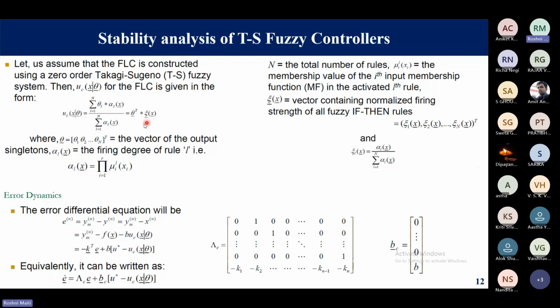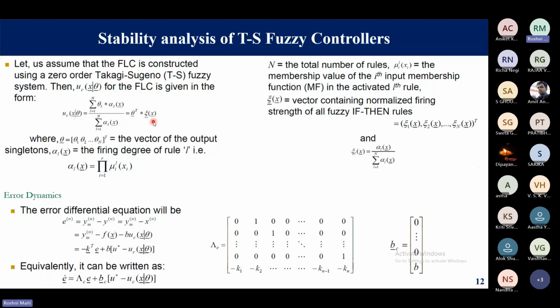Now, we don't want a fuzzy logic controller, we want to develop a fuzzy logic observer. Then also the system model will be the observer value, let f cap x, and that f cap x will be equal to theta into zeta. So depending upon the membership functions, we are developing any kind of model.